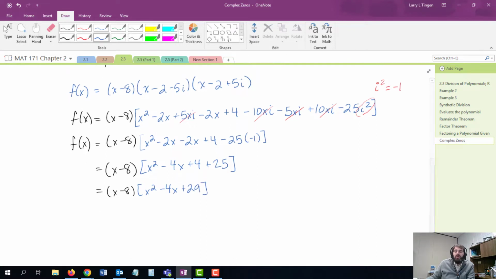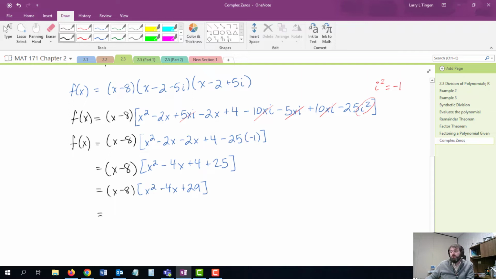Am I done? Not quite. The next one's going to be considerably easier because it's a binomial times a trinomial. What are we going to get? x times x squared is x cubed. x times negative 4x is negative 4x squared. x times 29 is 29x. Negative 8 times x squared is negative 8x squared.